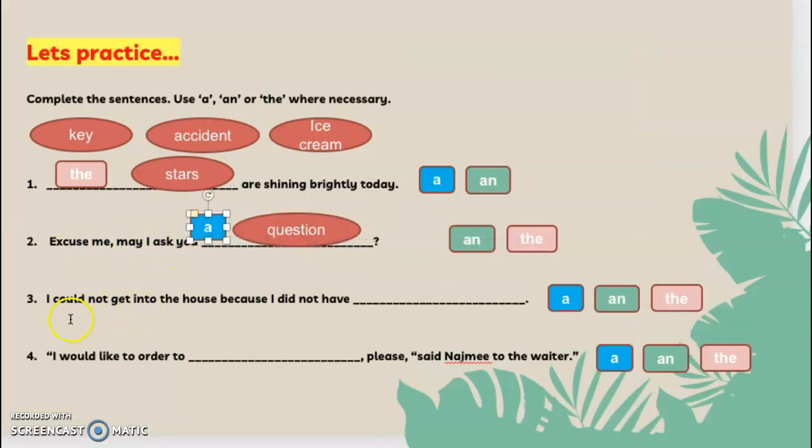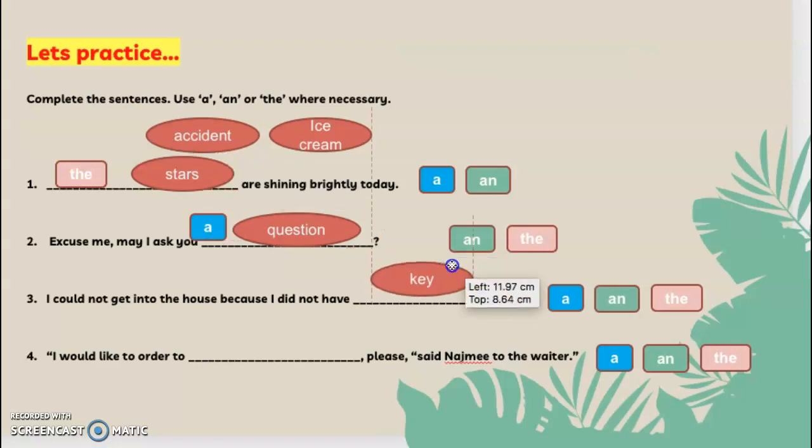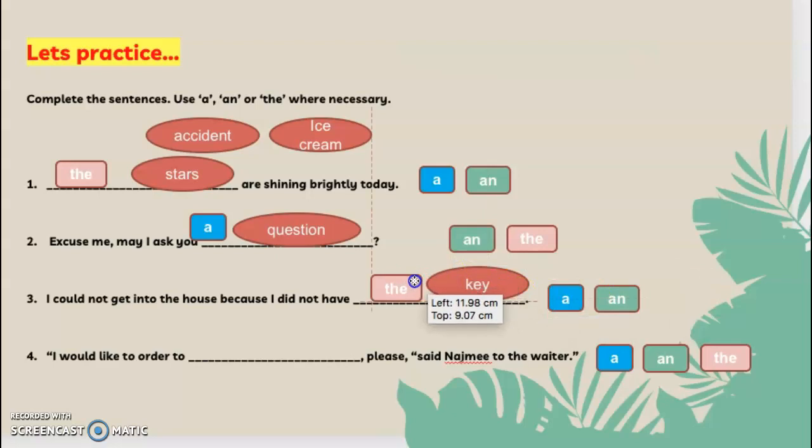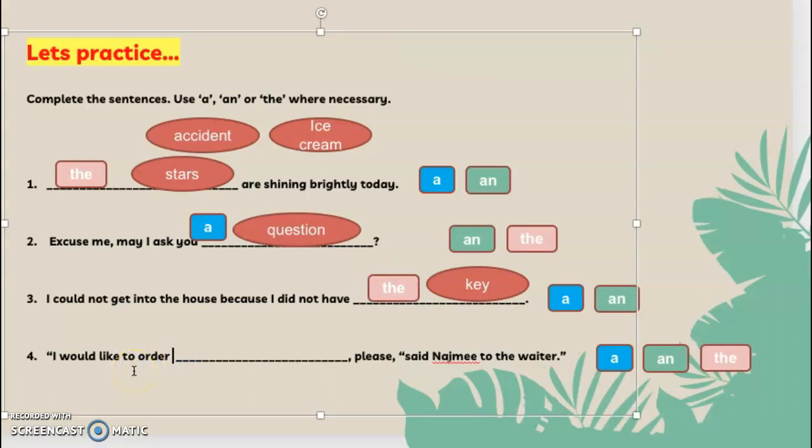Next one. "I could not get into the house because I did not have key." A or the? Now it is very specific, into the house, that particular house. So we use the key. And the last one, "I would like to order ice cream." Sorry, it's not "to," it's an.